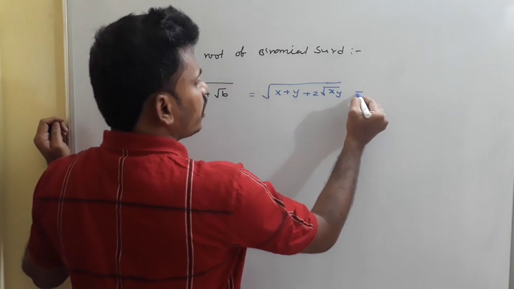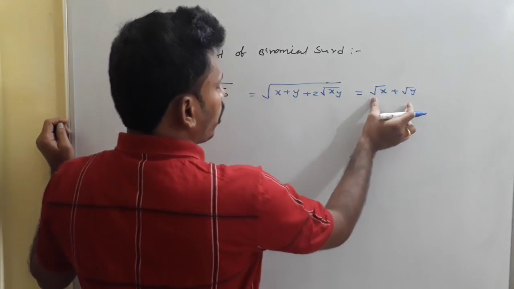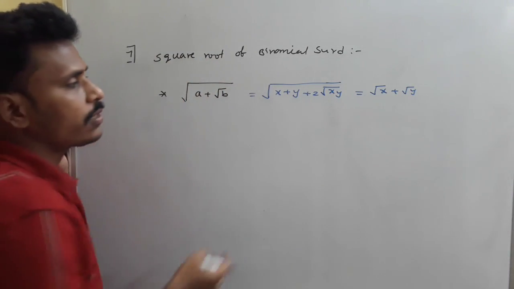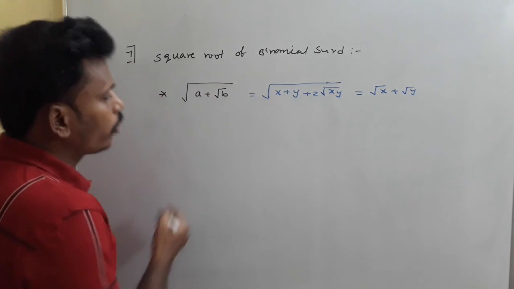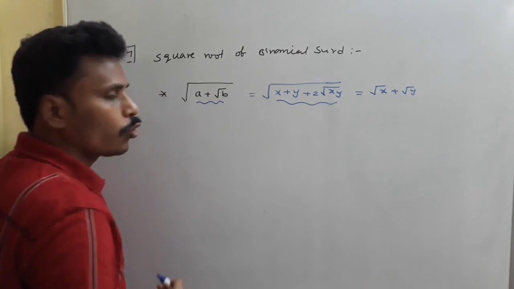Then in this case your answer is simply root x plus root y. Why? Because the square of root x plus root y is x plus y plus 2 root xy. So your task is to express this a plus root b as x plus y plus 2 root xy.